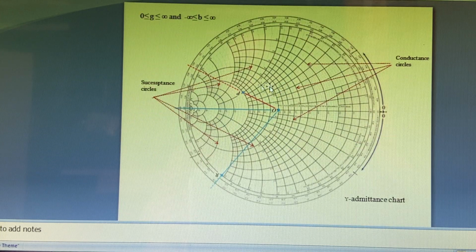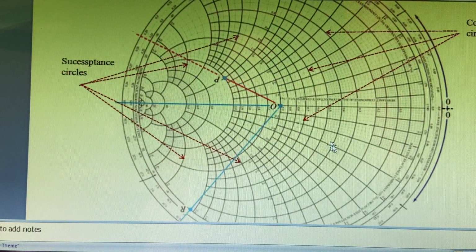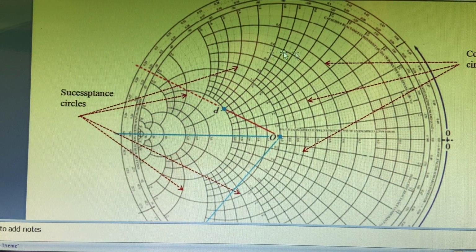This is the actual plot that we can see. These are the conductance circles, and the conductance values are written here, below the horizontal line.